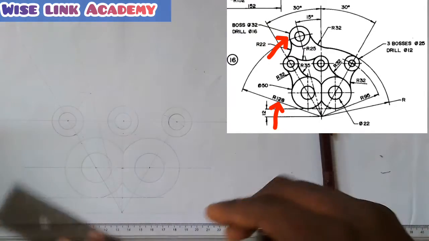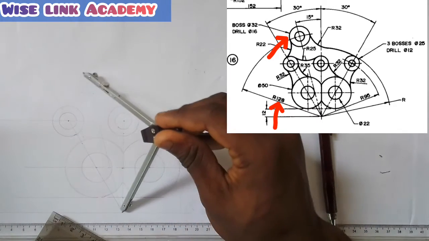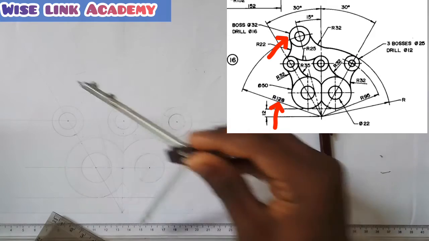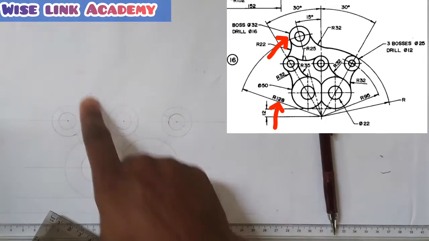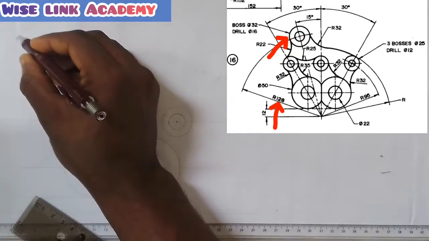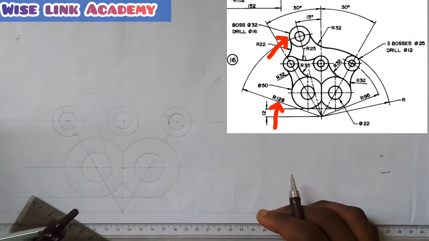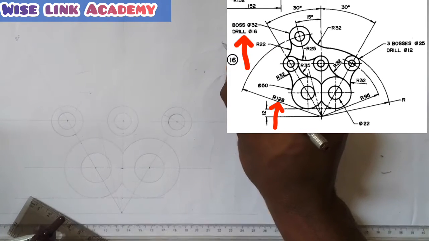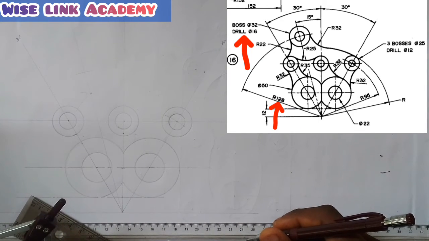I'll put it at this point here. I will now cut 15. Because from here to here is 30, this is my 15 here. I mean, this is 30 degree. This is 15 degree. This is also 30 degree. So take note of those dimensions there.